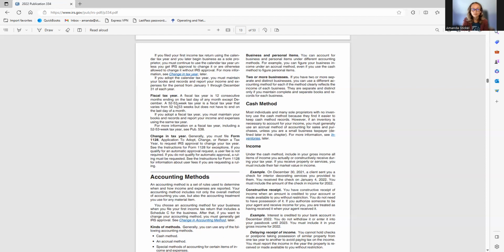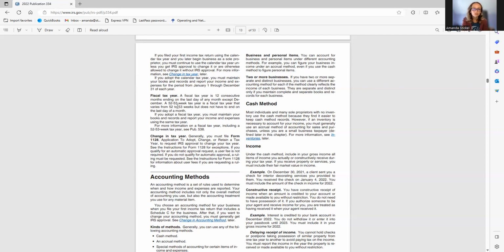It can be confusing, but as long as you set it and then you have it posted somewhere so that you can remember your due dates and all that. Usually bigger corporations do this. Most small businesses will stick with the calendar tax year, and that works well for most small businesses.